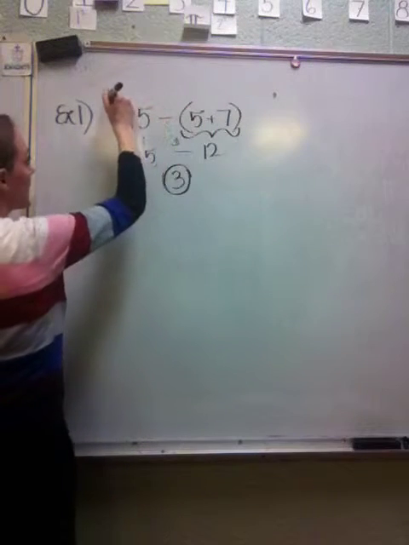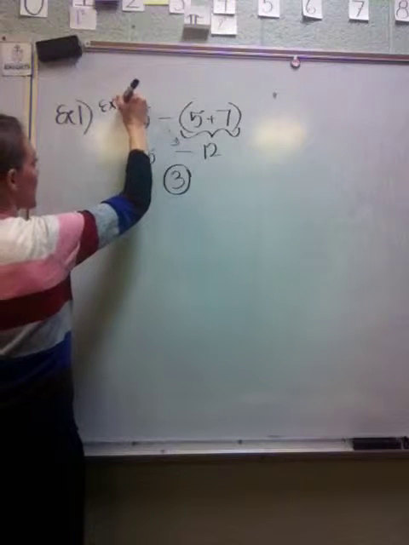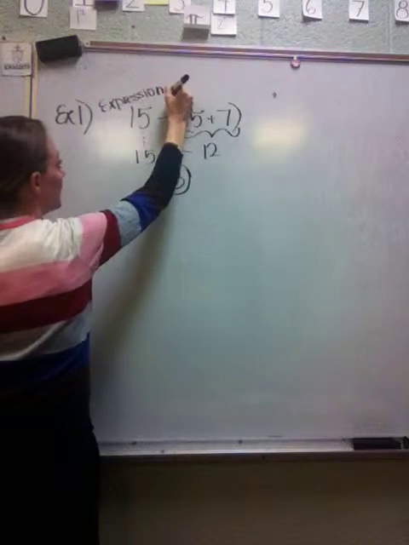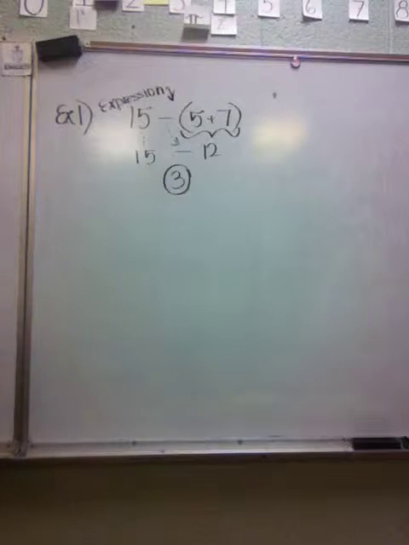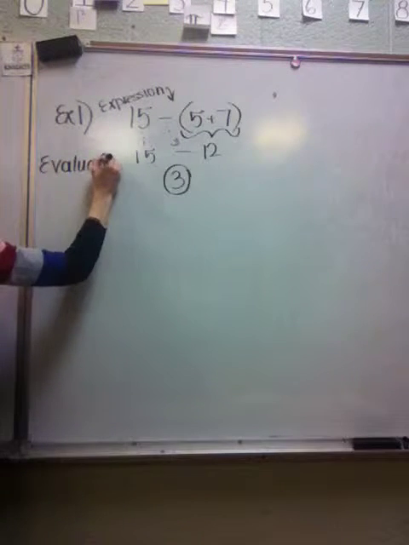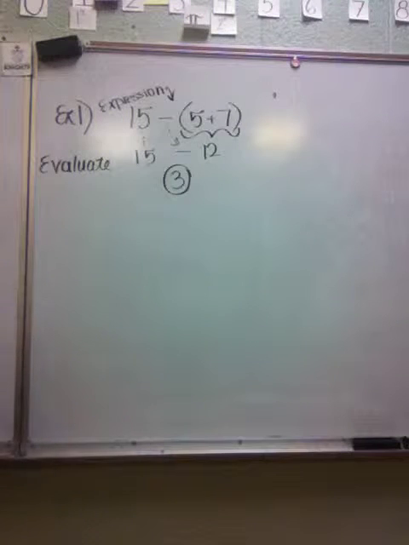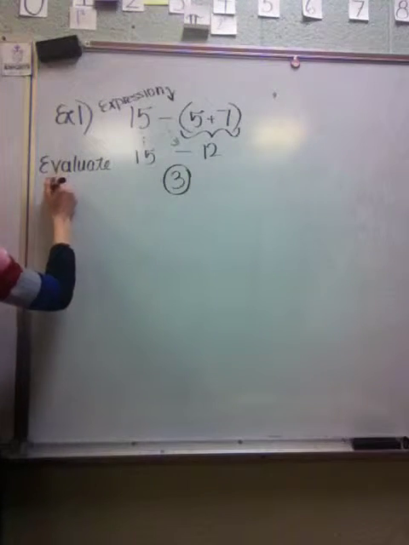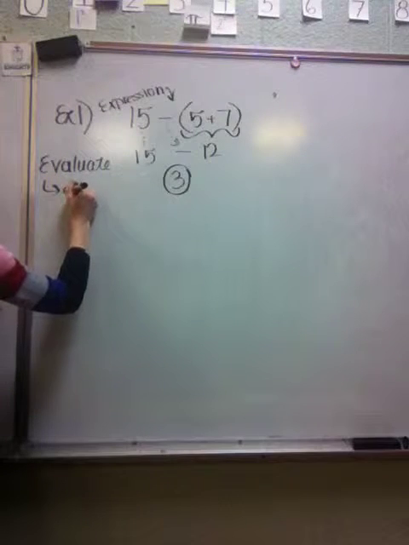So let's talk about words. You're going to see this word expression. This right here is a numerical expression. You're going to see the word evaluate. Okay? The word evaluate means to get it down to its simplest form.